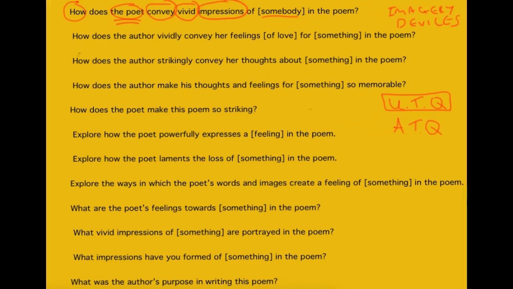Vivid might be replaced with striking. Striking is also a way of getting attention by being powerful or strong images. Powerfully or powerful, memorable or dynamic, these are all similar words to vivid, which the examiner can use to get you to answer the question in a certain way.